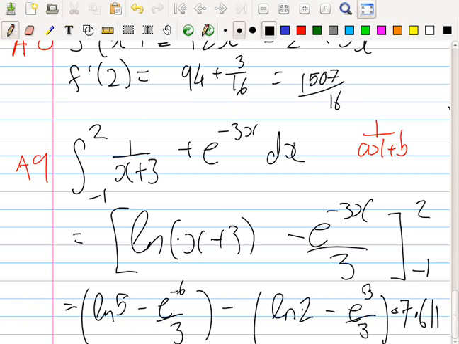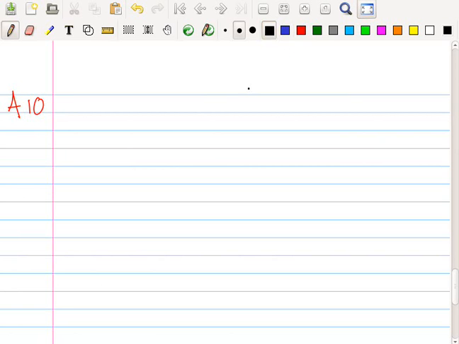Right. Last one in section A now. A10. Now here are two ways to do this. Maybe somebody can tell me.